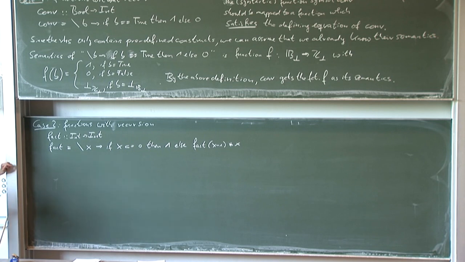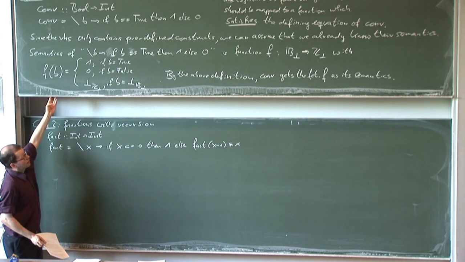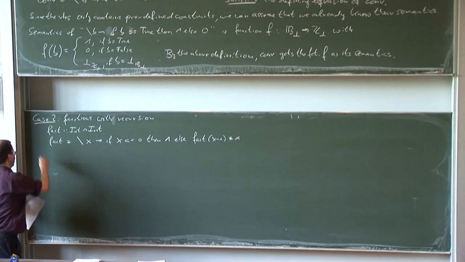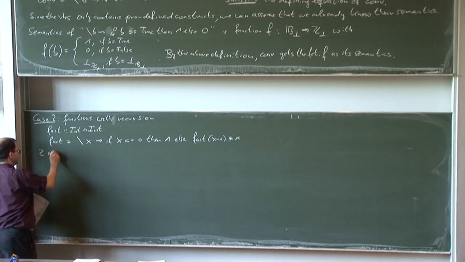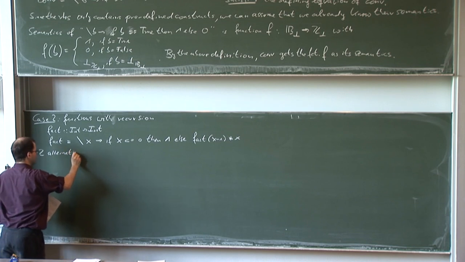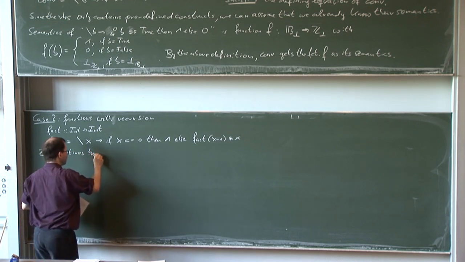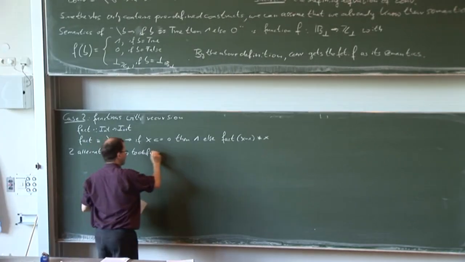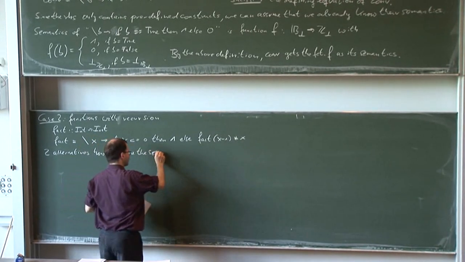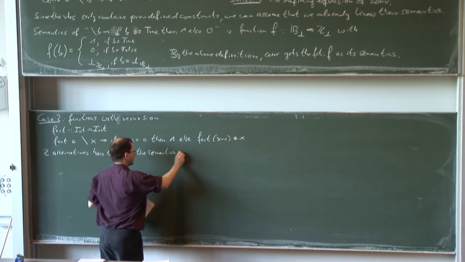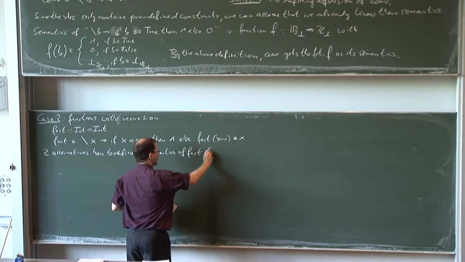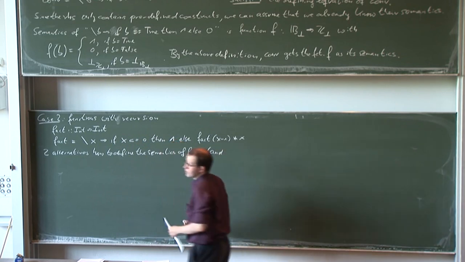Okay, and now I will give two possible ways to define the semantics of such a function. And then afterwards I will show that both these ways lead to the same solution. So I will give two alternatives how to define the semantics of fact, and then show that these two alternatives in fact are the same.